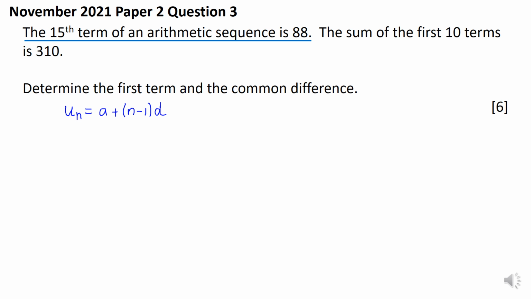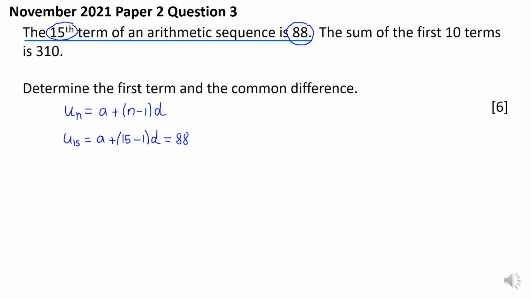And we're looking at the 15th term, so n is 15, so we can write u15 is a plus, and then 15 minus 1 times d. And it says that the 15th term is 88, so we can put this equal to 88.